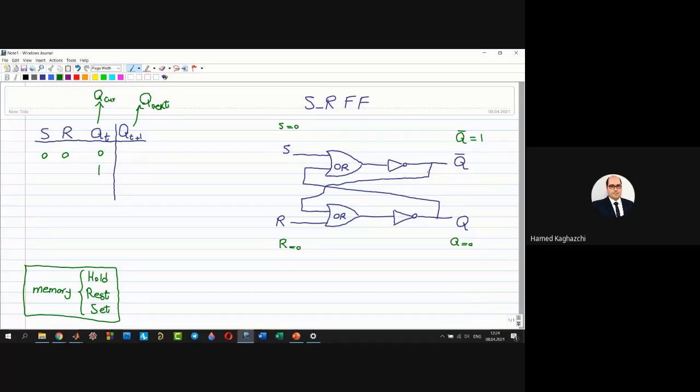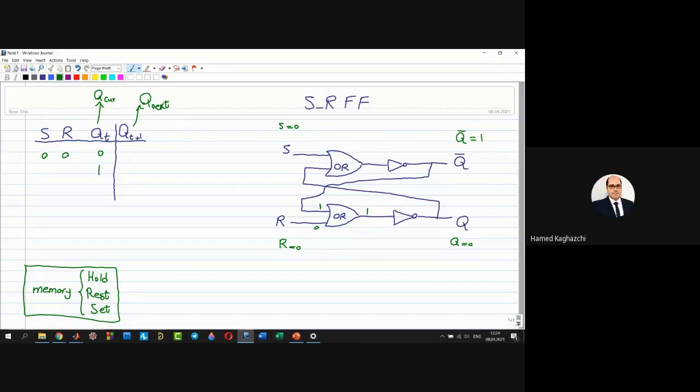Now look at here. This one comes here, and this input will get 1. This input is also 0. What is the output of the OR in this case? 1.